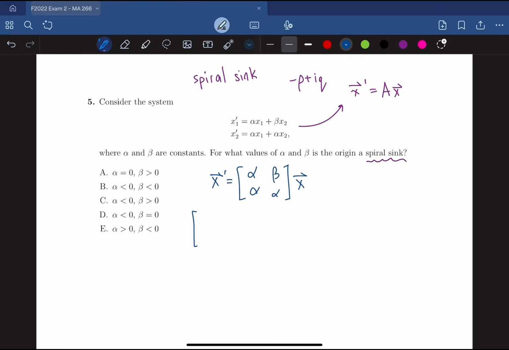So now we're going to find the eigenvalues of this matrix. The way to do that is take the determinant. So we're going to do our alpha, other way around. Oops, I was doing it right earlier, my bad. We're just going to do the minus lambda along the identity matrix, so the diagonal from the top left to the bottom right. And then we're going to take the determinant of that.